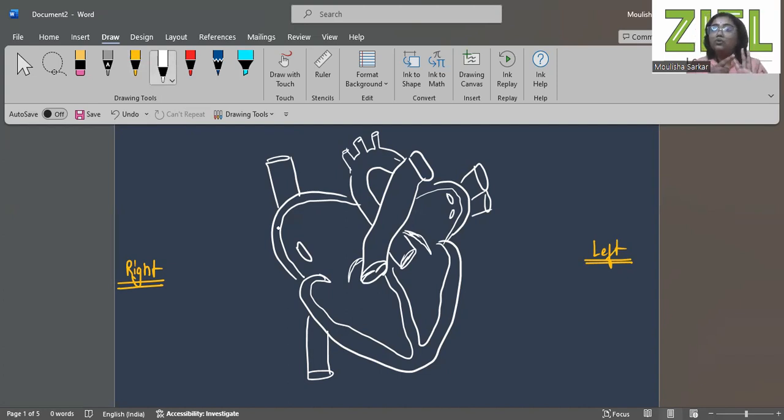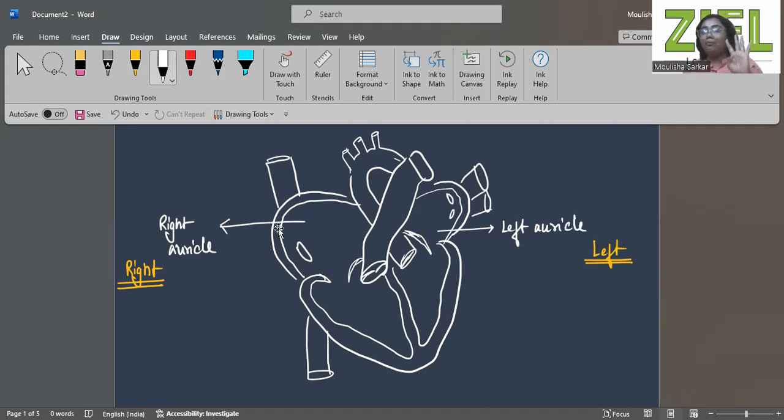Two atria, or you can say auricles, and two ventricles. Atrium or auricle, they refer to the same chamber. I am taking the upper chamber as the right auricle or right atrium, and this chamber is obviously the left auricle or left atrium.